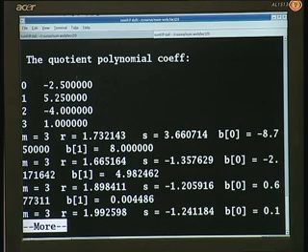Now I start with R equal to minus 0.5, S equal to plus 0.5 as the initial guesses, and I compute the new R and S values from the iteration.